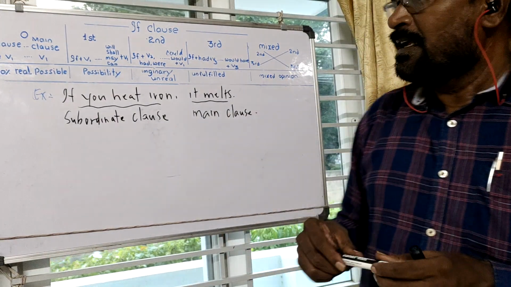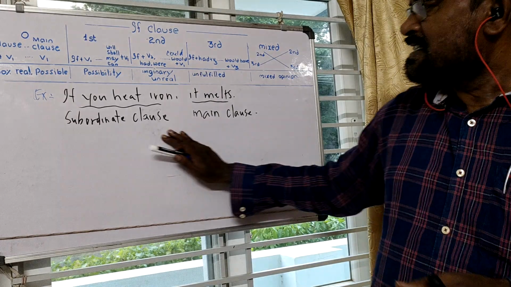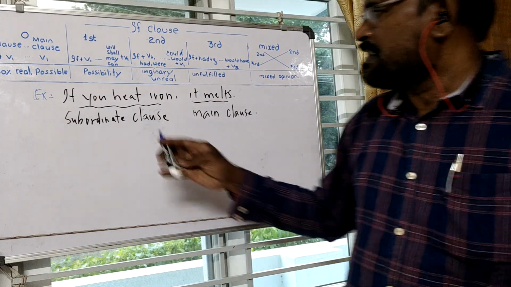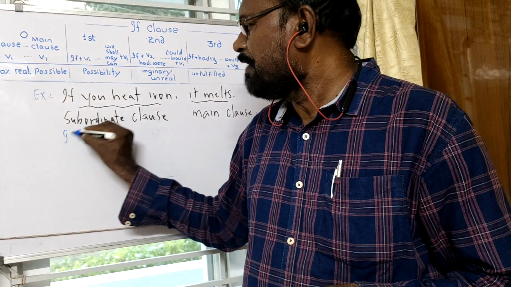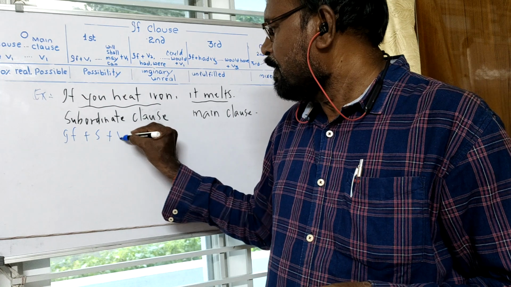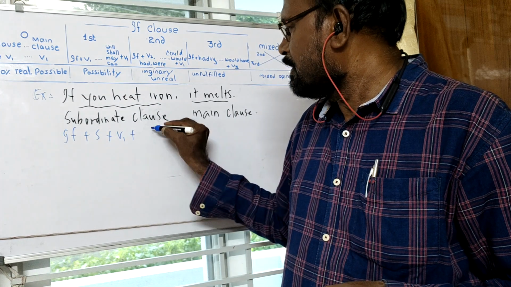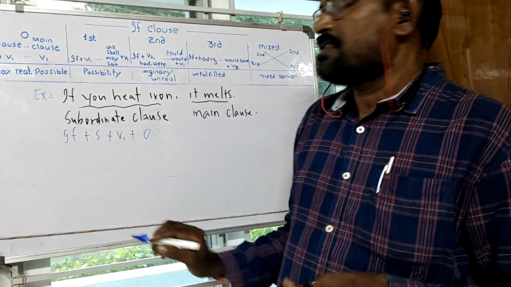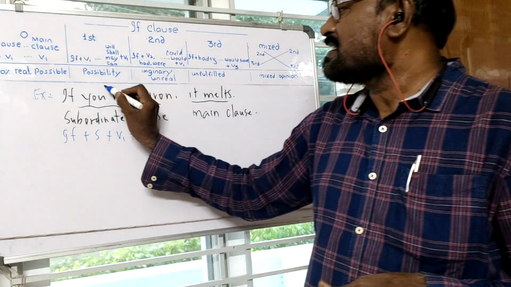Then we go to the structure of this sentence. Subject: if plus subject plus V1 plus object. It is the if clause, that is the cause clause.